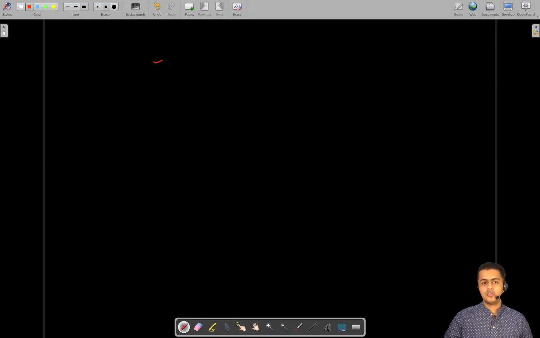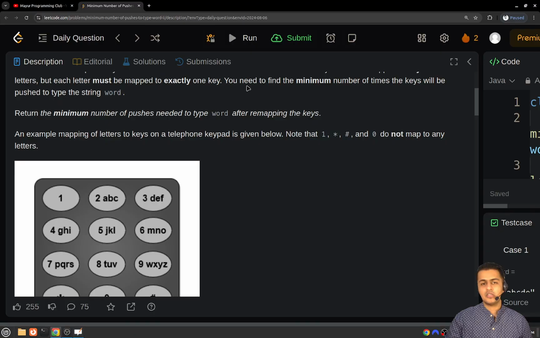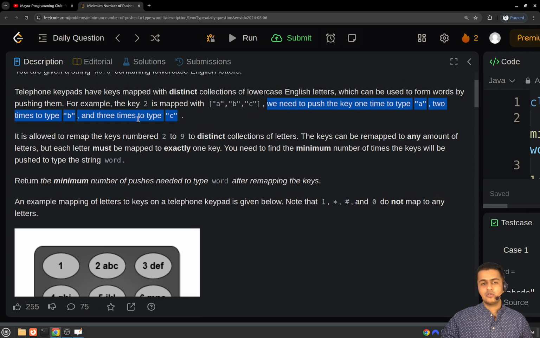So 2 was mapped to A, B and C. If you want to type, let's say C, then you have to press this 3 times: the first time you will be here, and then finally on C. So this is what the problem statement was saying. You have to press 3 times to get C on the screen.